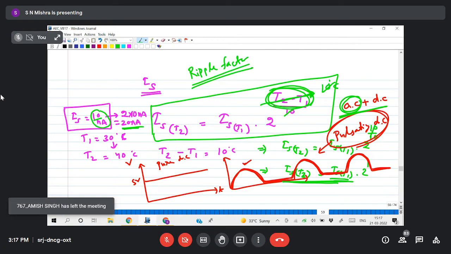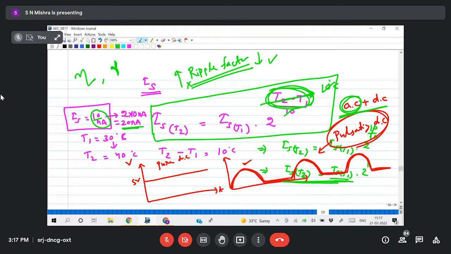So if the ripple factor is less, then it is good. Understood? In detail, we'll discuss why these ripples are added and how you can remove them.